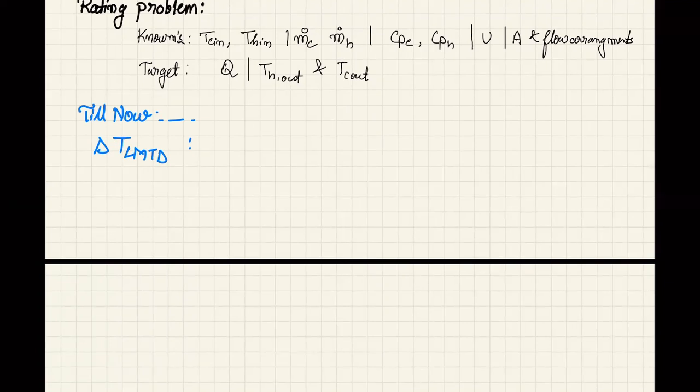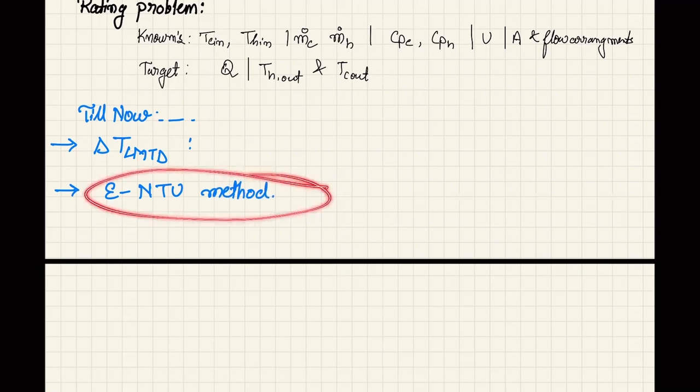And if we still want to continue with delta T LMTD, we actually have to go for a lot of iterations and complex calculations. So another approach to delta T LMTD can be the use of the epsilon NTU method. So this is a second way of solving the problems, and this is typically used to solve rating problems.